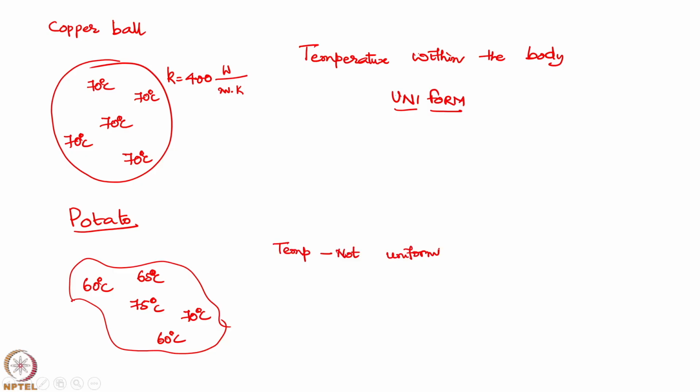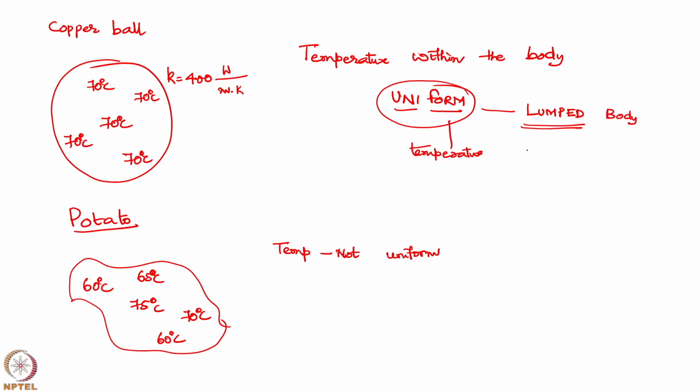This body where the temperature is uniform can be thought of as a lumped body. You can think of the copper ball as a lump, because it is all sitting at the same temperature. So a lumped body is that body where the temperature is uniform.